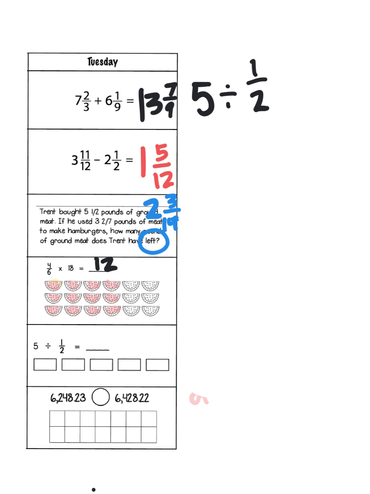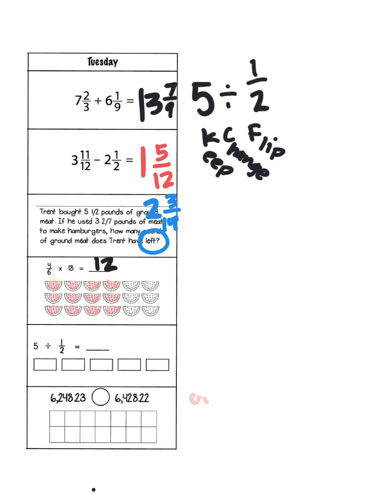Yesterday we talked about using the KCF method, where we would keep our first fraction, we would change division to multiplication, and we would flip or find the reciprocal of 1/2. Now, we are dividing 5 divided by 1/2.